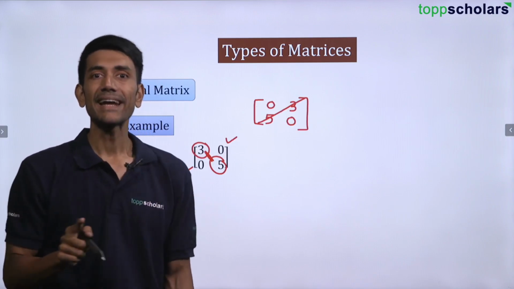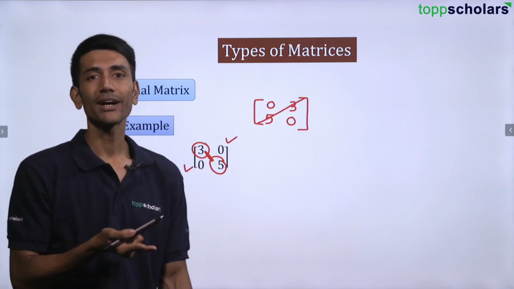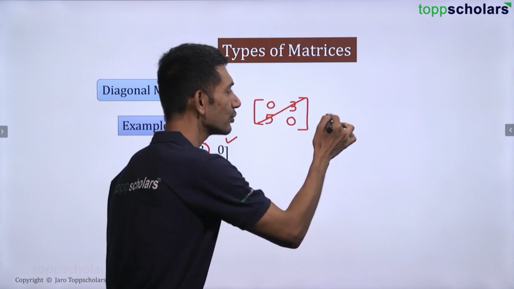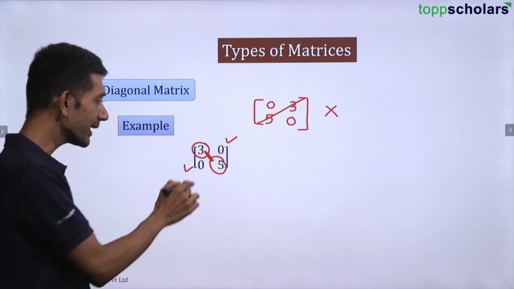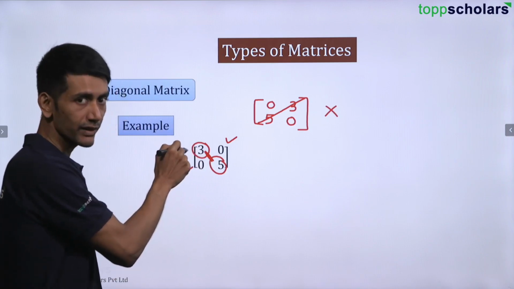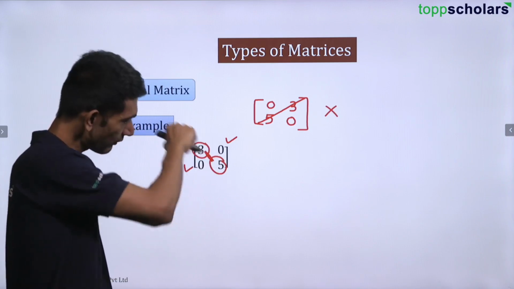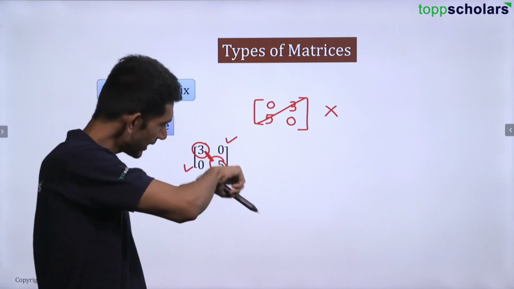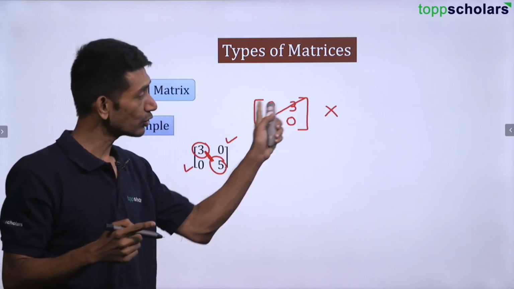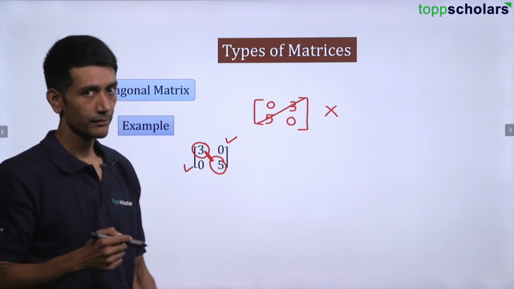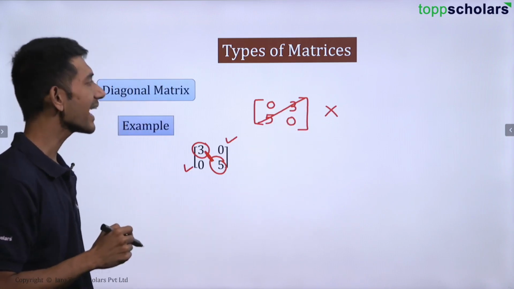That is why they say leading diagonal, not both. So this is not a diagonal matrix. Please make a note of this. Only from where we start, that is A11, from that point till the end diagonally we should have numbers, others should be 0. We should not start from the second one. Fine. So this is not a diagonal matrix.